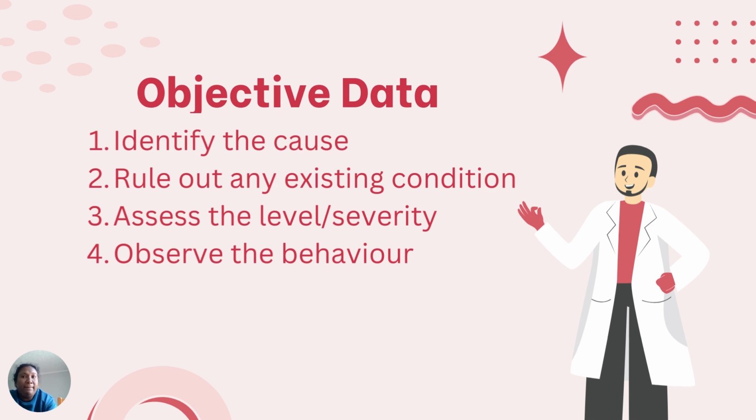So you basically assess the level and severity. Why is it important? Because at the end of your nursing intervention, you can use this as evidence of whether the outcome was positive or not.